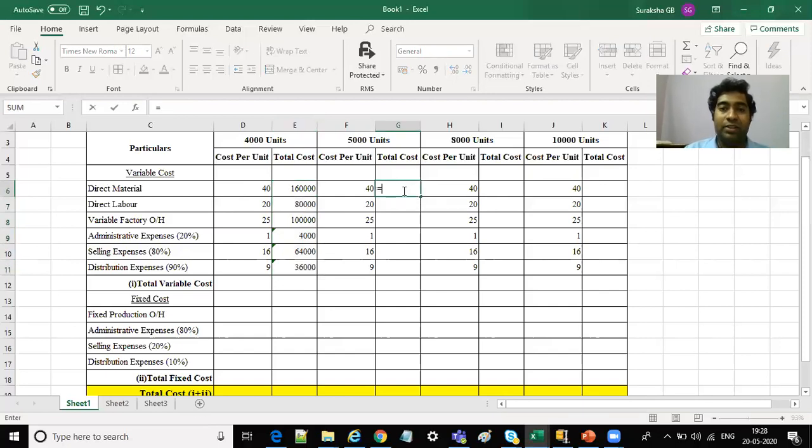Similarly, at 5,000 units, we need to multiply all the values of the variable cost with 5,000 units. Next, for 8,000 units, the values will be multiplied by 8,000 units.